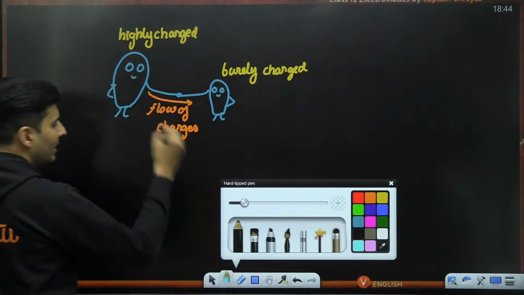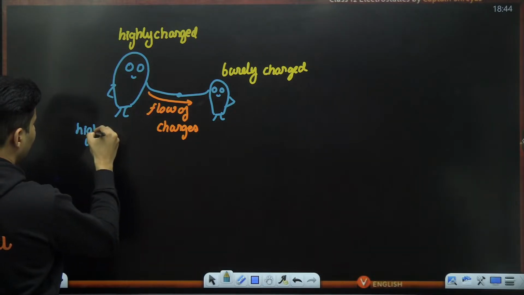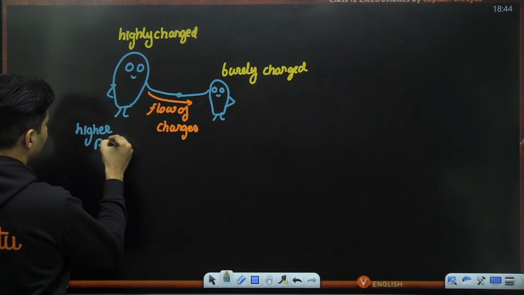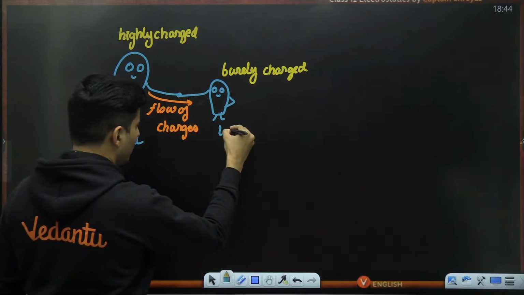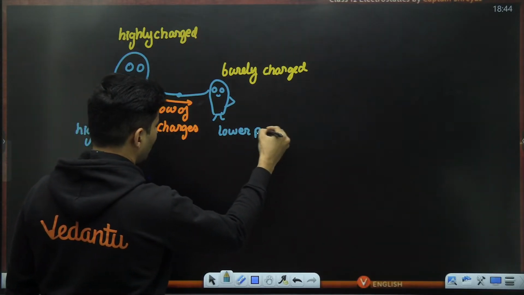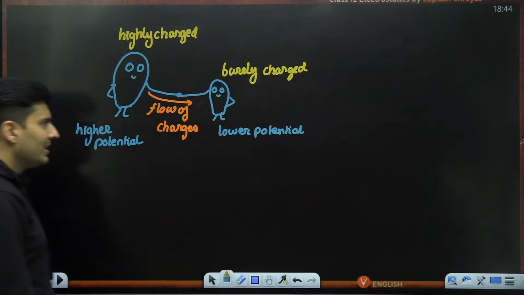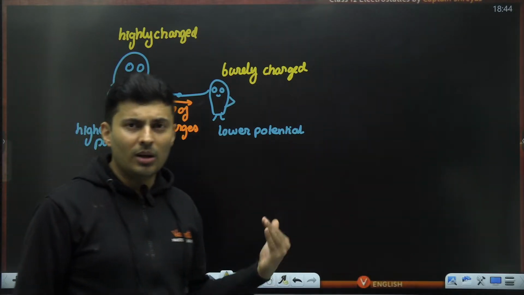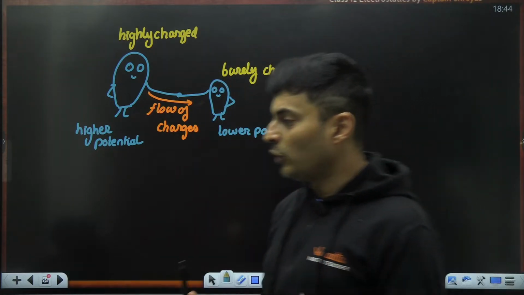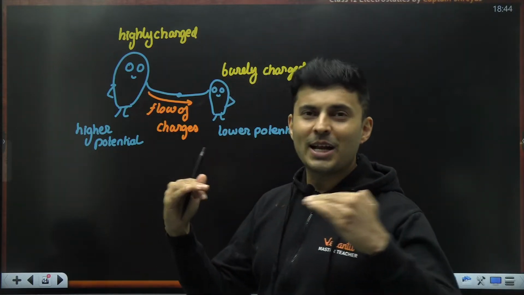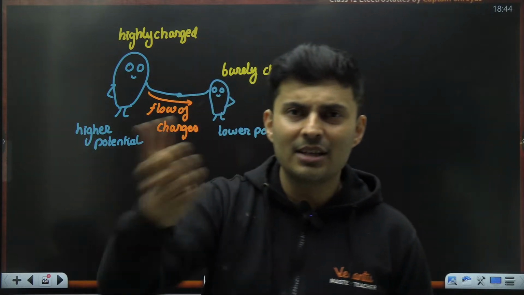This Pandu might be at a higher potential, and this Pandu at a lower potential. Because of this, the charges will always go from high potential to low potential, and they will keep flowing until their potentials become equal.